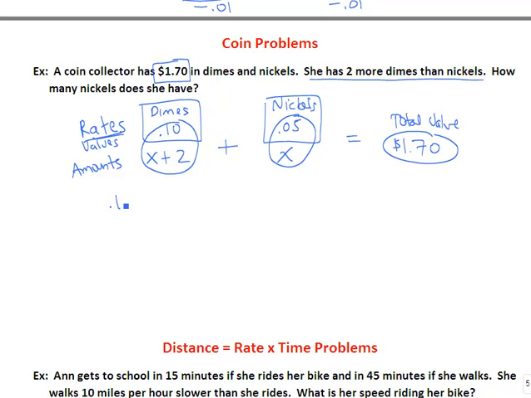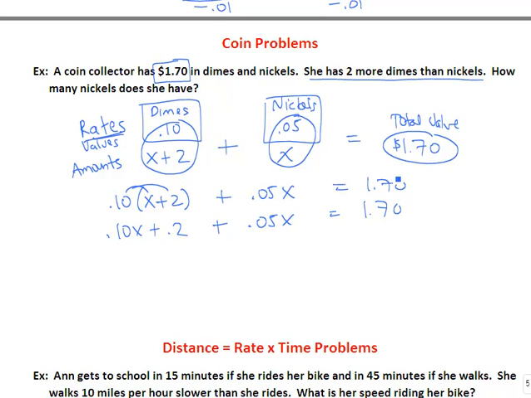So 0.10 or 0.1 parentheses x plus 2 plus 0.05 times x equals $1.70. So there's our initial equation. Now to solve, distribute your 0.10x, so we get 0.10x plus 0.2. 0.1 times 2 is 0.2. Bring down our other terms.